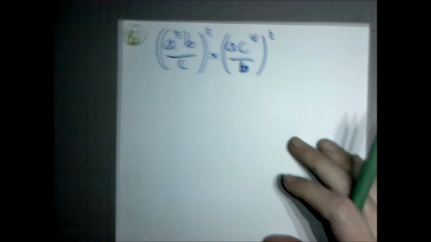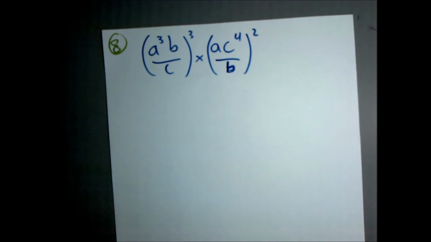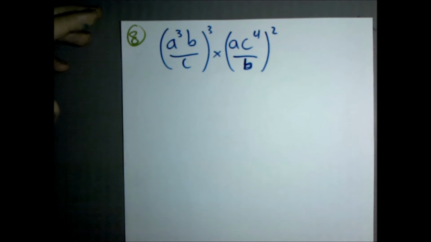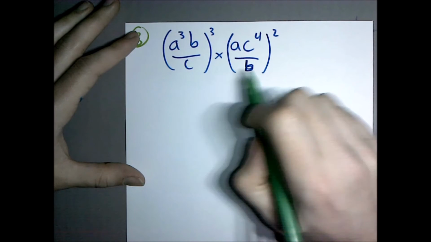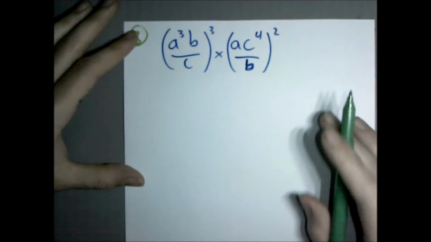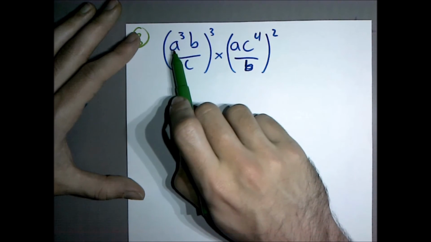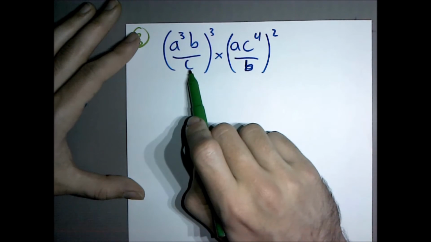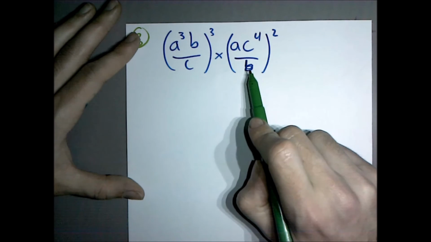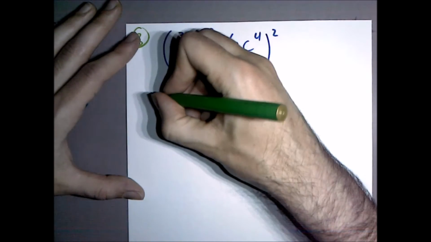So last one. Just like in all the other videos I've made, they do get a little bit more complicated. And more often than not, you'll be multiplying fractions or dividing fractions. Now in this case, what I'm going to do is cube each of these variables, and square each of these variables first, and then I'll try to combine them.